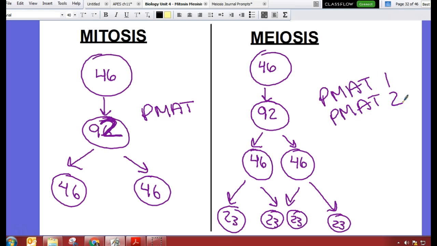Do you need to really know this? No, we're not going to go through each of the steps in meiosis like we did with mitosis. But what you need to know is that it divides in half twice. Both of them we start with 46 chromosomes, we copy the DNA, so we get 92, and then we divide either once or we divide twice.